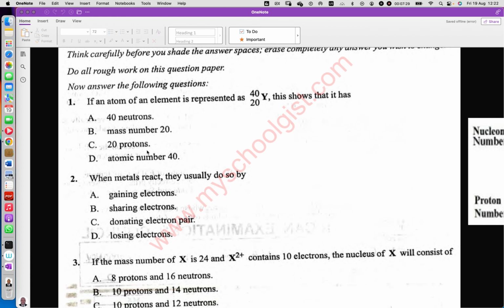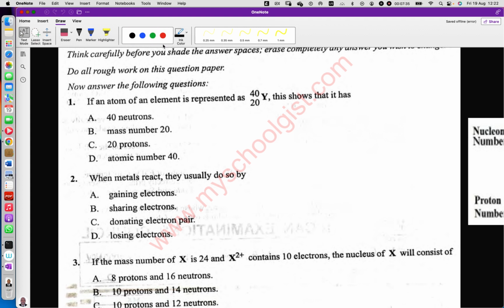So C is our right answer. We have to shade C as our right answer.